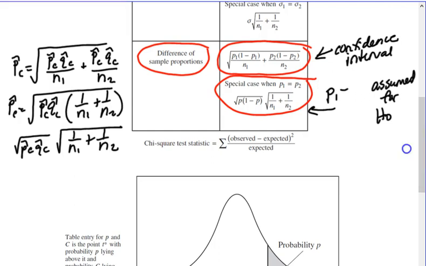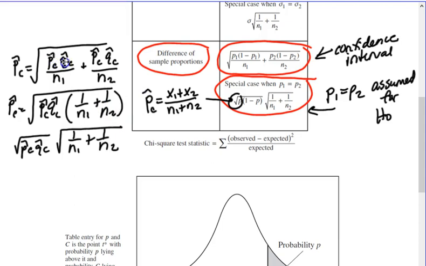We're assuming the two population proportions are the same, sorry. Then we can use the p-hat pooled. So what we do is this p here is equal to x1 plus x2 over n1 plus n2. That's where this p comes from. And then we call that the p-hat combined.